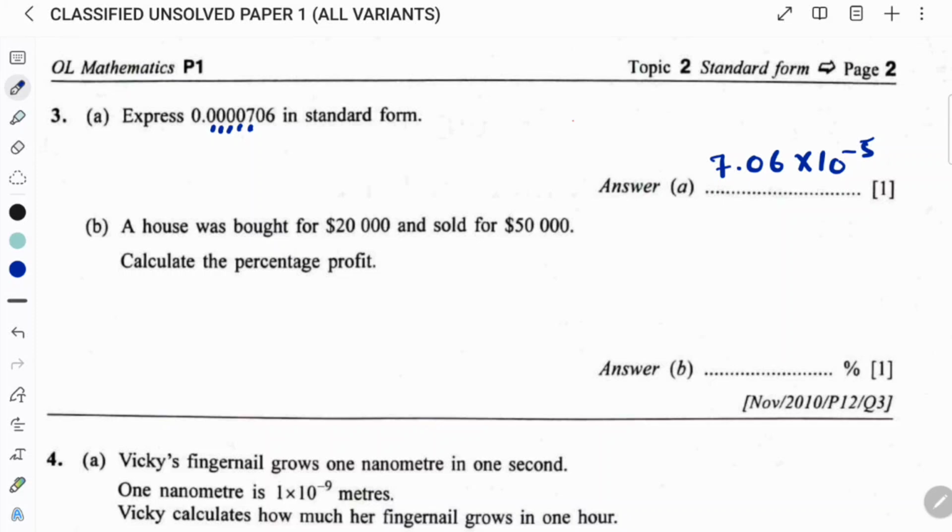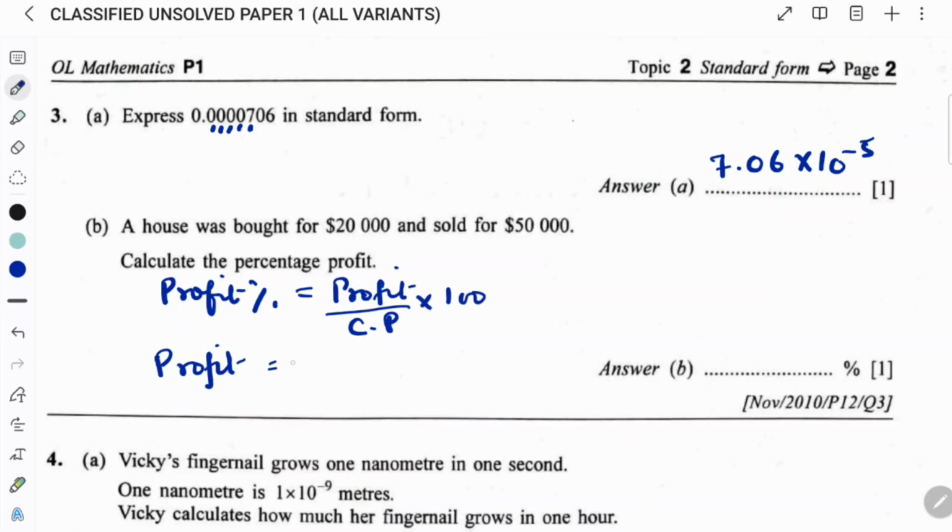Okay, now part B, a house was bought for 20,000 and sold for 50,000. Calculate the percentage profit. Now this is everyday maths. I'm doing it. So you know that profit percentage is equal to profit upon original price or the cost price multiplied by 100. So how much is the profit? Just subtract the 50,000 sale price minus the cost price. 50,000 minus 20,000 is 30,000.